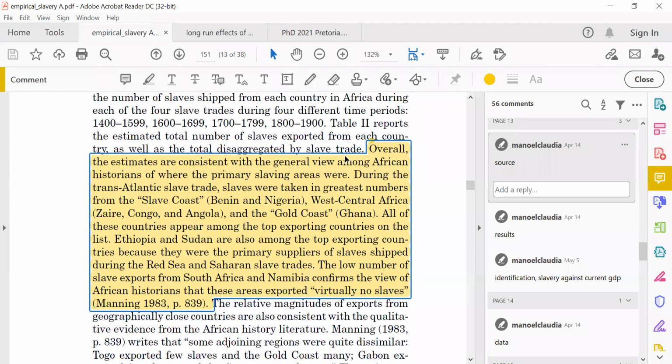Overall, the estimates are consistent with the general view among African historians of where the primary slaving areas were. During the transatlantic slave trade, slaves were taken in greatest numbers from the Slave Coast, which is essentially Benin and Nigeria.